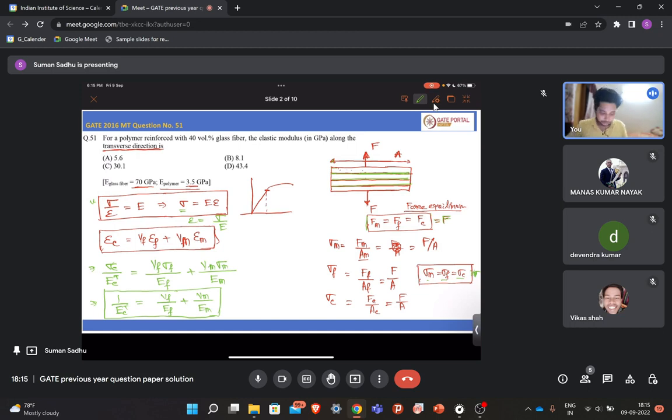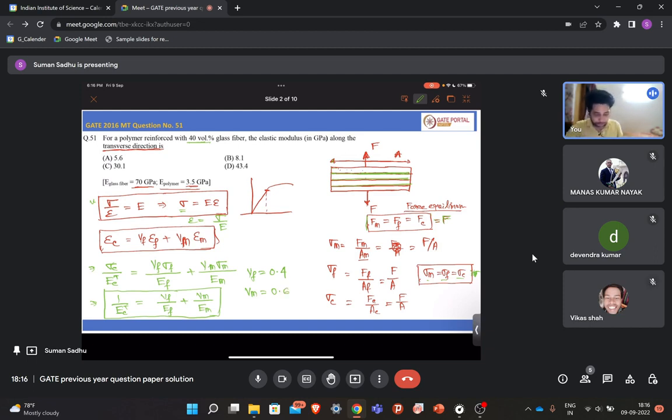Now what values are given to us? Volume fraction of the fiber is given. So V of F is given. This is 40%, that means the fraction is 0.4, right? So then what will be the volume fraction of the matrix? Anyone? 0.6. Yes. So 1 minus 0.4, that means 0.6.